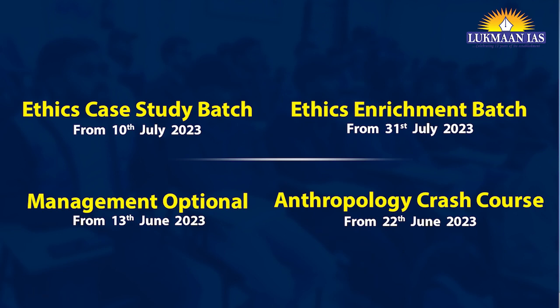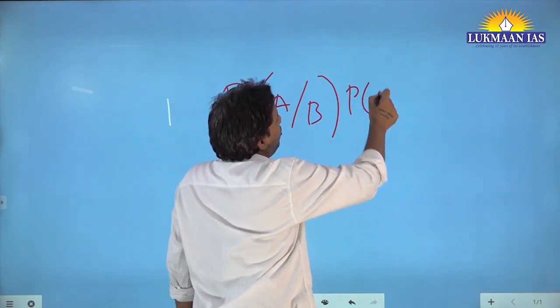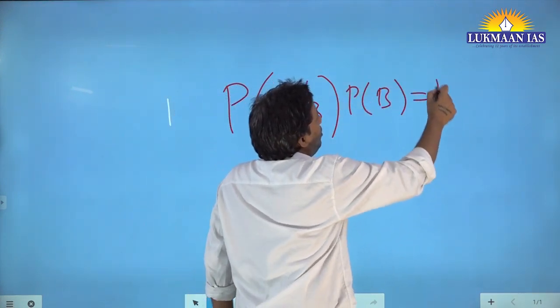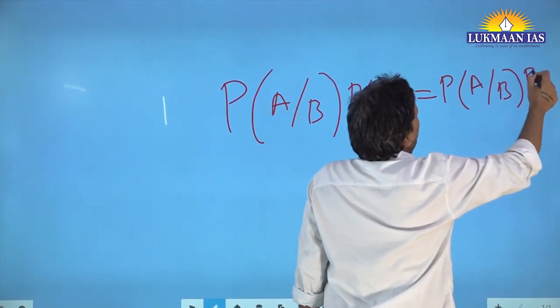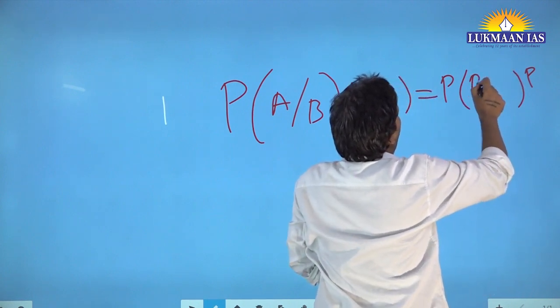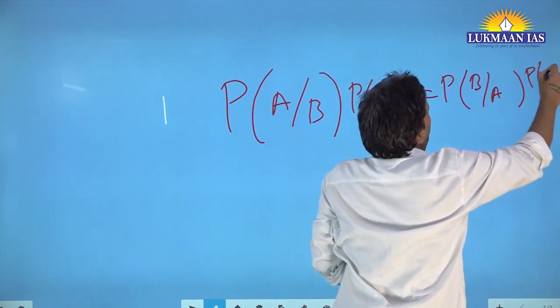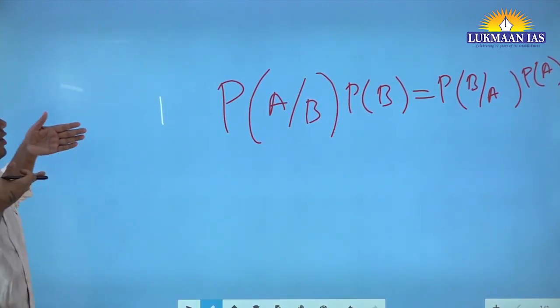Probability of A given B into probability of B is equal to probability of A intersection B. Oh, sorry. B into probability of A. Wonderful formula, right?